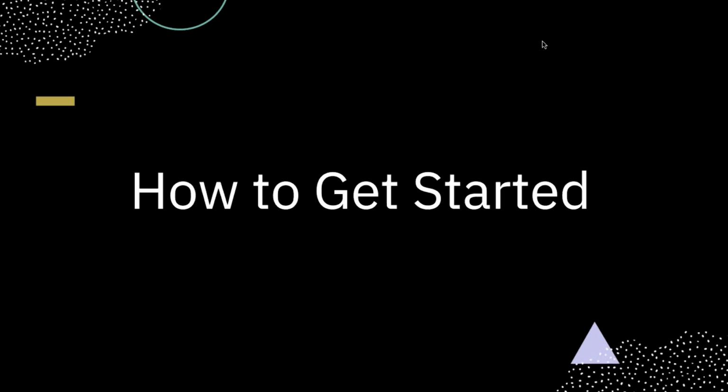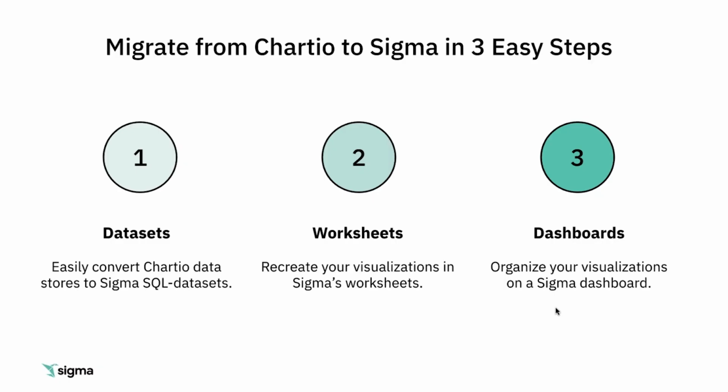Yeah. So how do we get started using Sigma? We walked through it in the demo, but just to recall, the steps are pretty simple. We're going to start with your data sets. We need to get your Chartio data represented in Sigma. So if you have data stores, you can easily convert those to Sigma SQL data sets. You just plug and play.